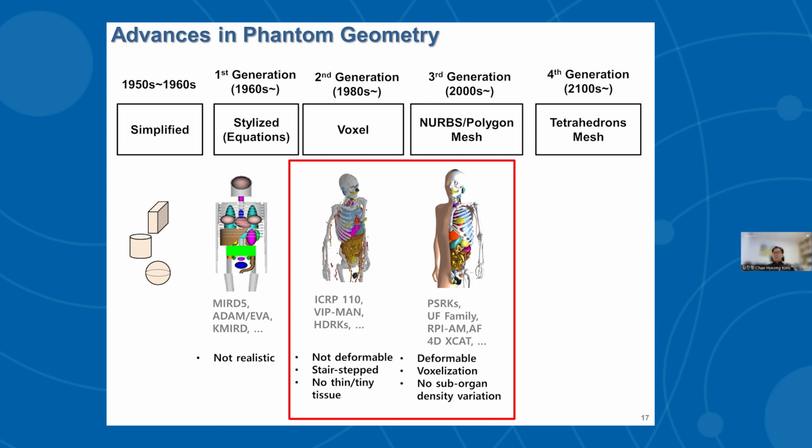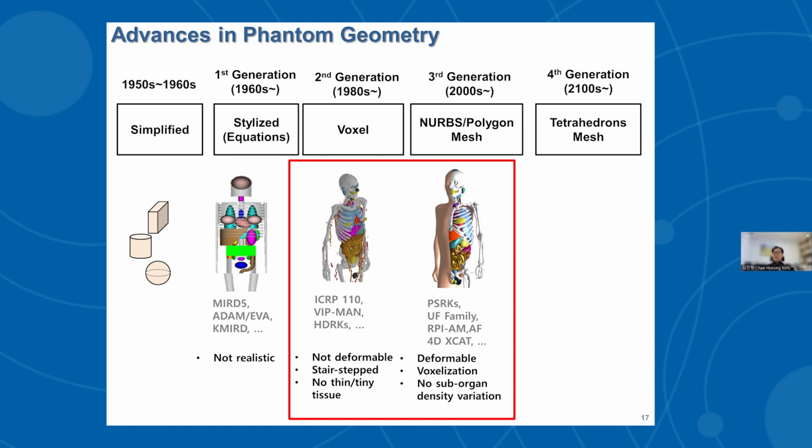That's because NURBS polygon mesh geometry should be voxelized before it is used in a Monte Carlo code. In other words, to be used in a Monte Carlo code, the NURBS polygon mesh phantom should be first converted to a voxel phantom through the voxelization process.